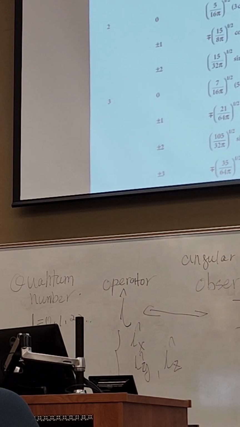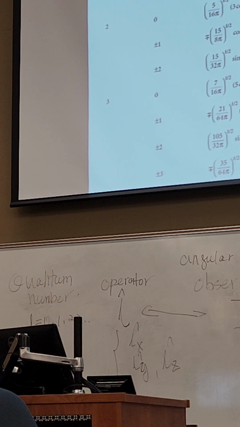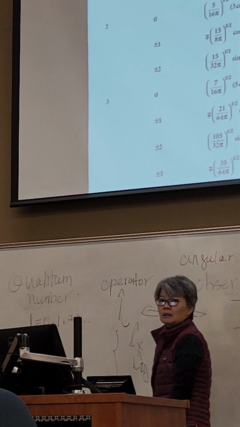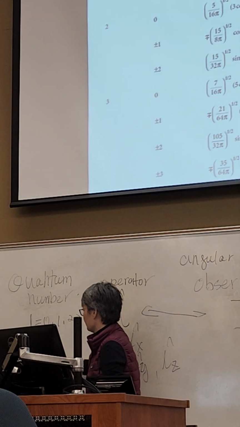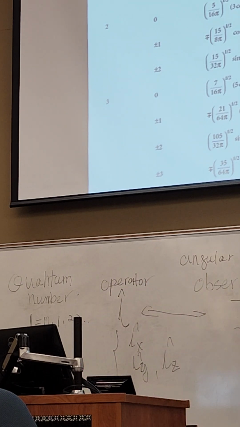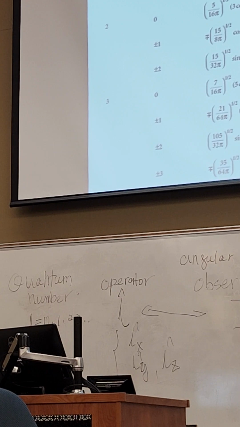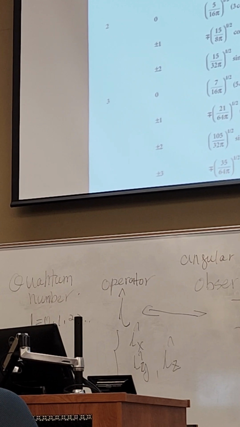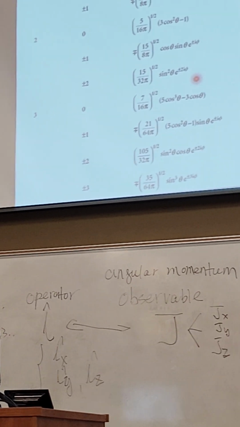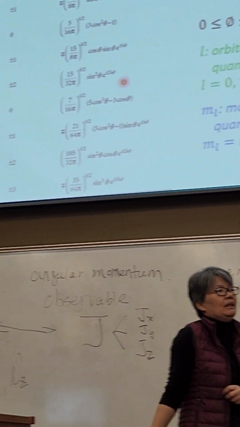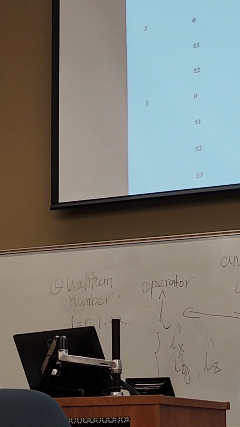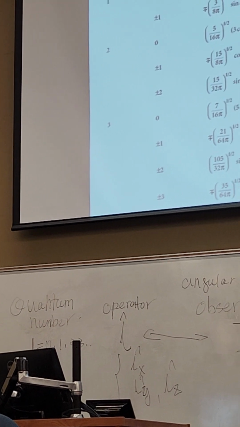If it's the z-axis for the orbital angular momentum quantum number, what letter do we use? M sub L. So M sub L, can you see it? M sub L refers to the quantum number for the angular momentum in the z. Are we all clarified?